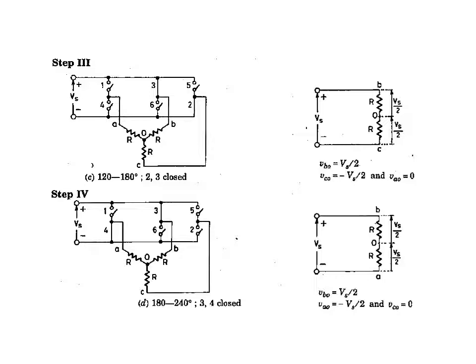During step 1, thyristors 6 and 1 are turned on, and as such load terminal A is connected to the positive bus of the DC source, whereas terminal B is connected to the negative bus of the DC source. If we analyze the step 1 circuit, we can find the neutral voltages as in the equation.